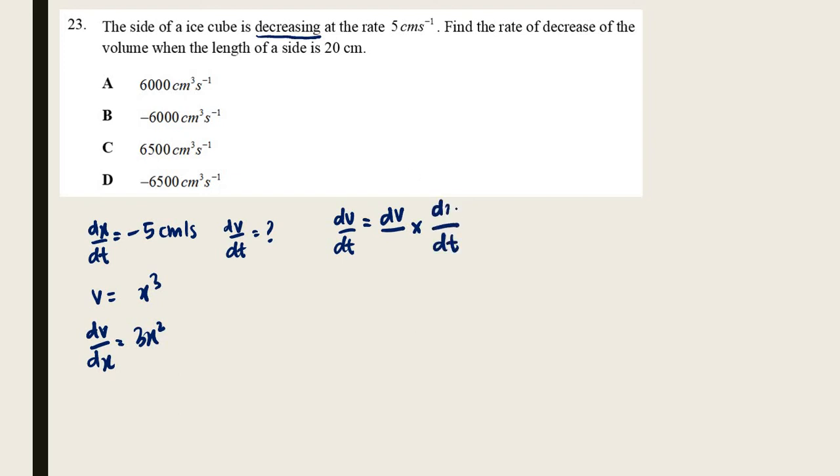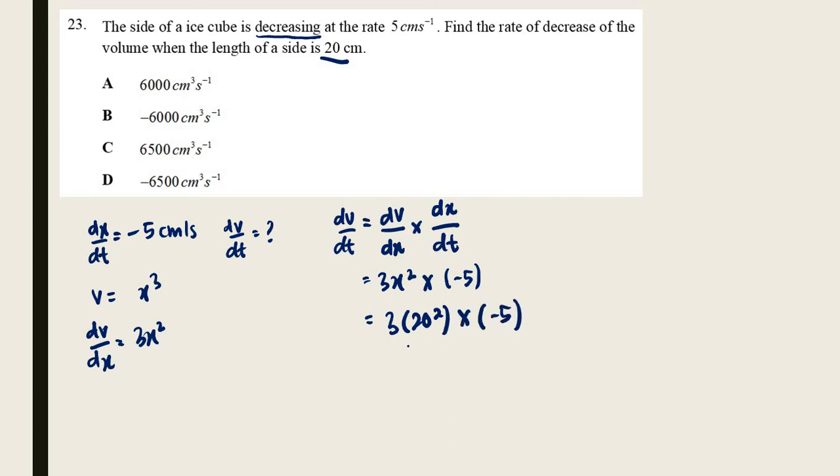So we already have the information for dx dt. So down here also we'll put our dx. So dv dt is given by 3x squared times dx dt, where dx dt is negative 5. Alright, and we want to find this rate when the side is equals to 20. So you can substitute directly 20 squared times negative 5.